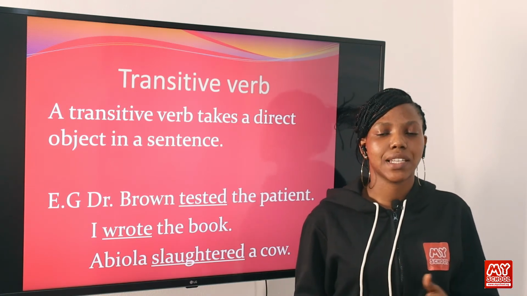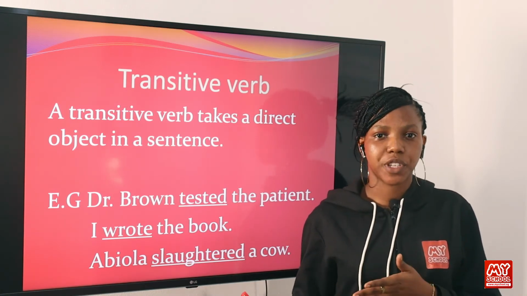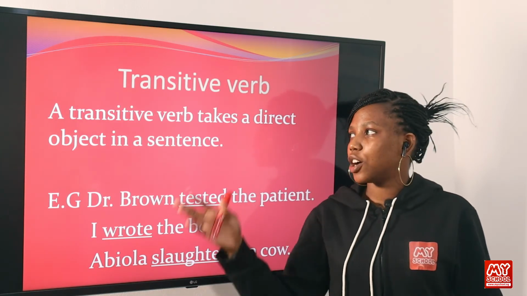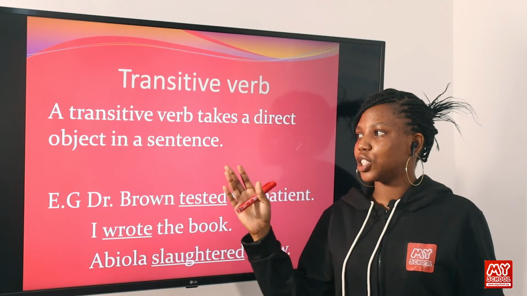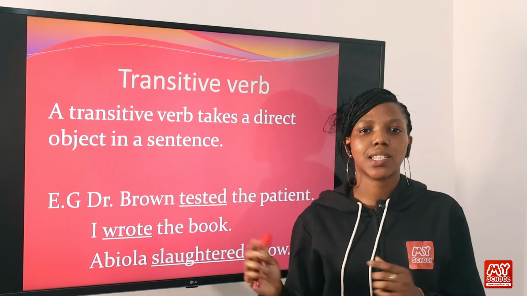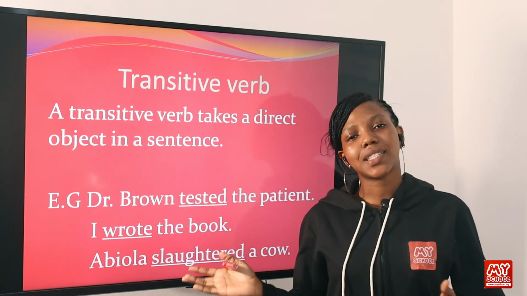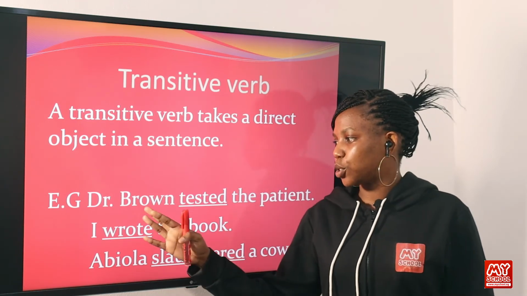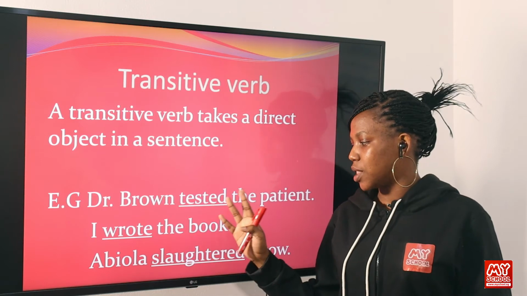Now that we understand the concept of subject and object, what is a transitive verb again? A transitive verb takes a direct object in a sentence. Now let's take a look at this example provided again. Dr. Brown tested the patient.